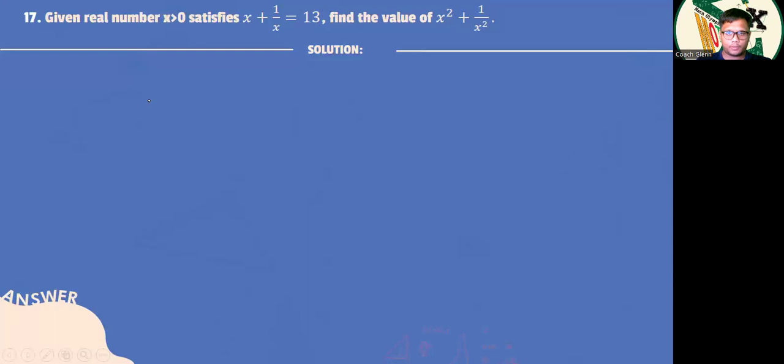Given that the real number x greater than 0 satisfies x plus 1 over x is equal to 13, find the value of x squared plus 1 over x squared. So first, let's try to square this one. If we square this, this is equal to x squared plus 2 plus 1 over x squared.